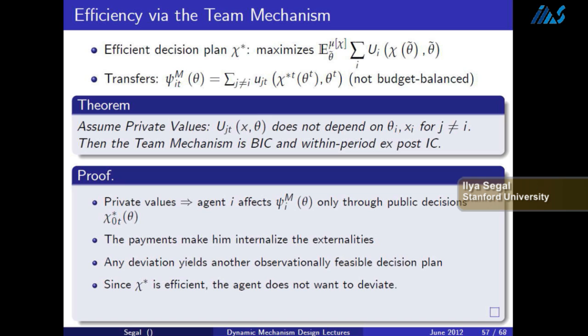You have the second term, which is h_i of theta minus i, a function of the reports of the other agents, and you can play with the second term to try to reduce the payments. But if you reduce the payments too much, then agents might refuse to participate. So there are some minimal payments that you have to make to satisfy participation constraints, and they work out a mechanism that has this feature.